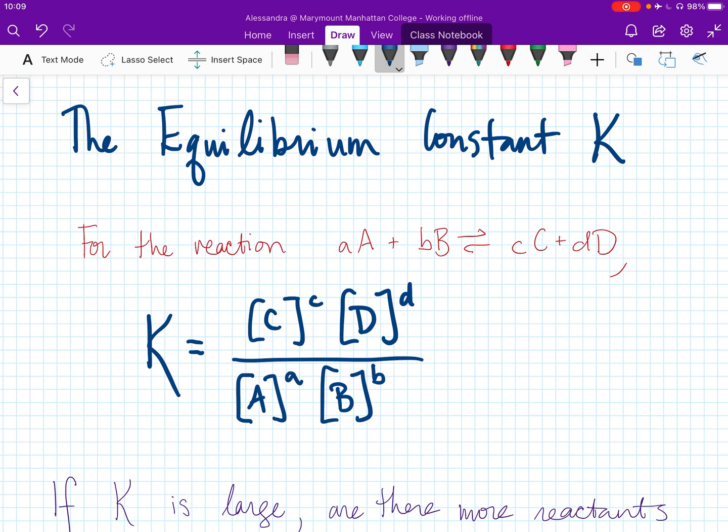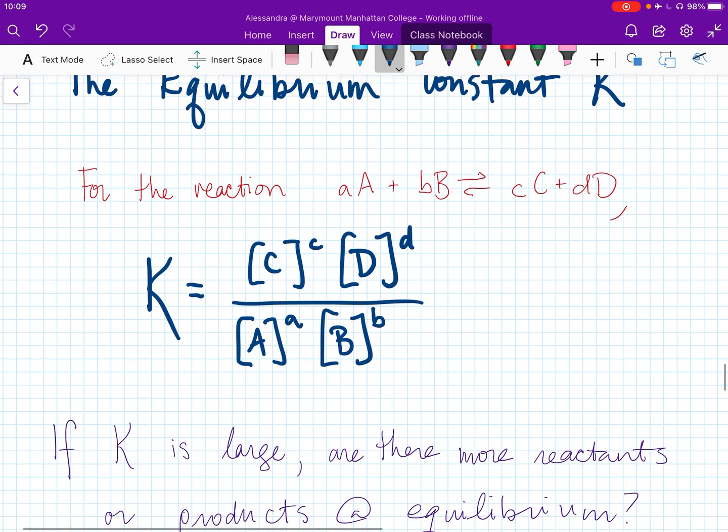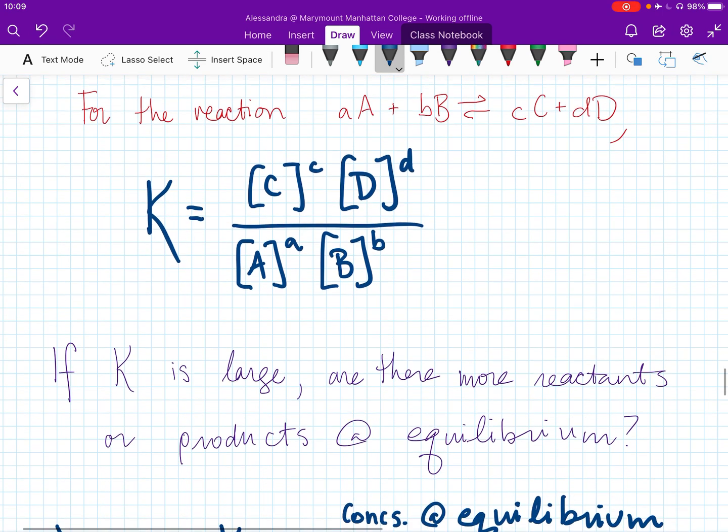Now, I want us to think about this as just the concentration of products over reactants. And from that information, we can develop a feeling for what the magnitude of K signifies. For example, if K is a lot bigger than 1, are there more reactants or products at equilibrium? Let's think about that for a moment.